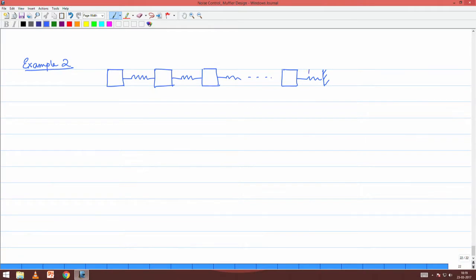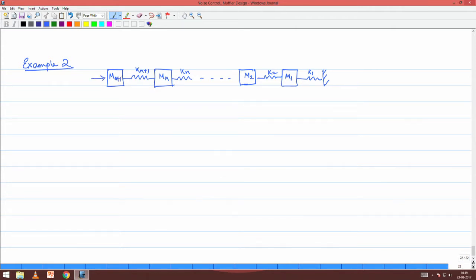So, I will call this K1 M1, I will call this K2 M2, and then things can continue for a while, and this is Kn Mn, and then this is Kn plus 1 Mn plus 1 and so on.